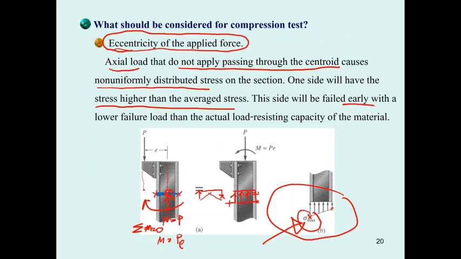This side will fail early, with a lower failure load than the actual load resistance capacity of the material. So if you put the force with eccentricity, you will get a lower failure load. That's going to make trouble in some situations, so you have to be very careful when you apply the force to this compression specimen.